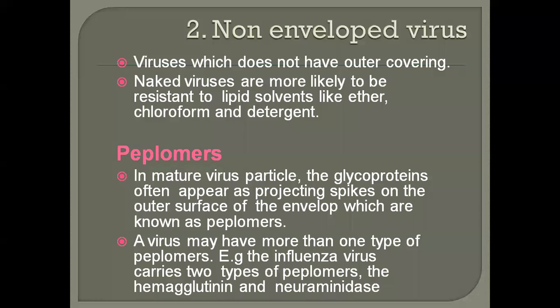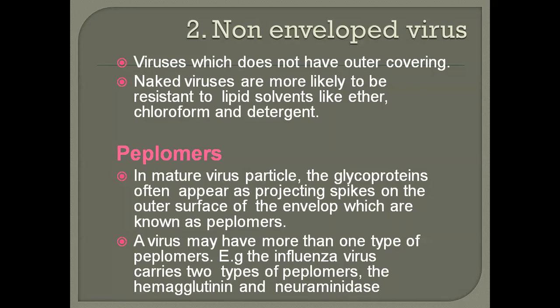The next parameter is the peplomers. What is meant by peplomers? A peplomer is a mature virus particle, a virus which has attained a particular age, that consists of glycoproteins, which consist of spikes.